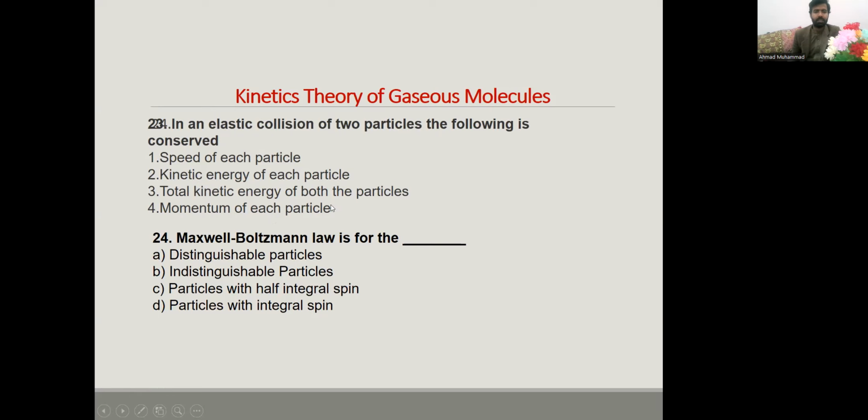Question number 24, Maxwell-Boltzmann law is for option A, distinguishable particles, indistinguishable particles, particles with half integral spin, particles with integral spin. So the right option is option A, distinguishable particles.